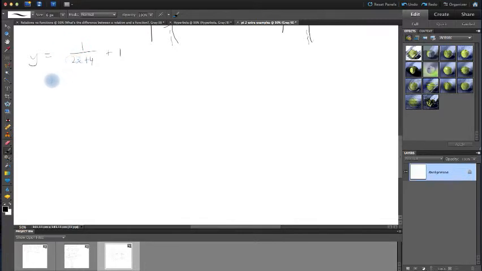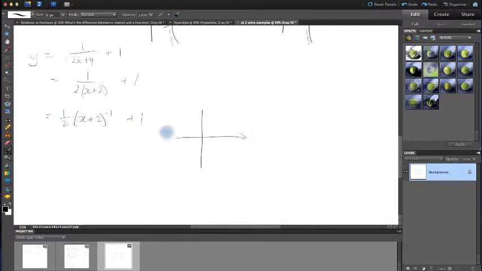So once again, we can factorize this to 1 over, bringing the factor of 2 out, x plus 2, plus 1. So now here we've got 1 divided by 2, so that bit's a half. It's a bit more clear, I think, if we write it in the other form. And we have a half, x plus 2 to the minus 1, plus 1. So you can see now it's in standard form, and you can plot that fairly easily.